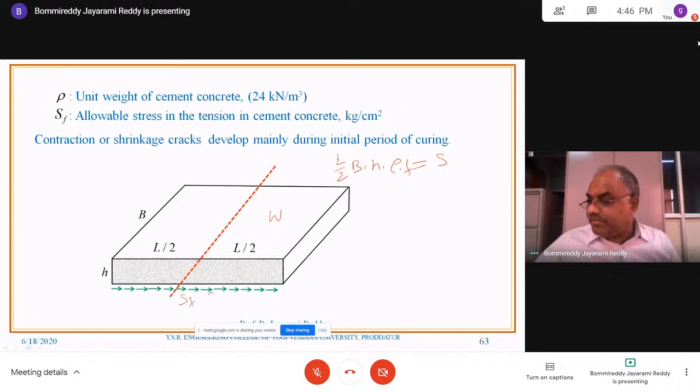So SCF multiplied by this entire cross section, that entire cross section will be H multiplied by B. So from this, L is called the contraction joint distance, the spacing between the contraction joints, LC. So from that you can find it out.